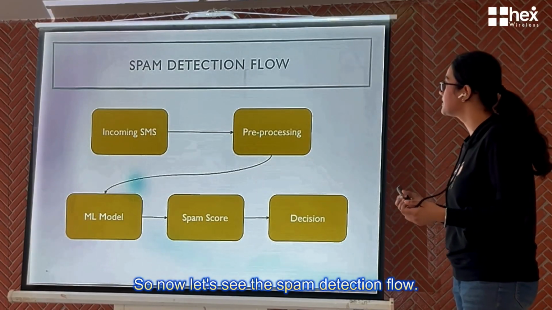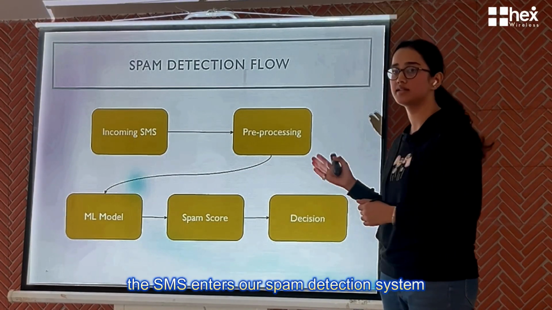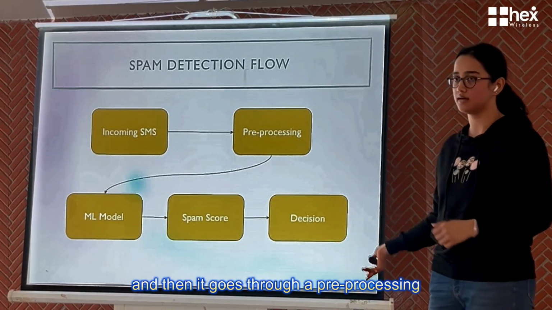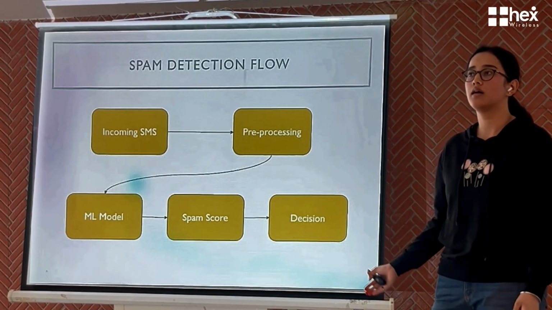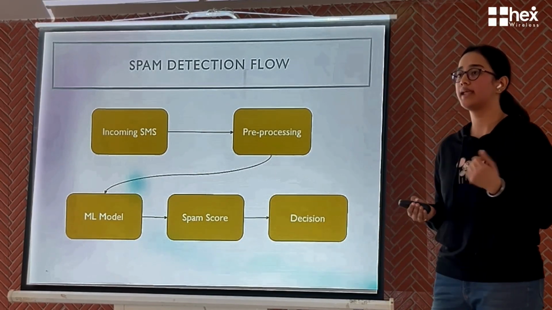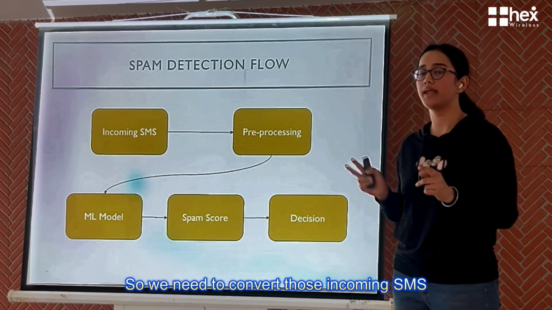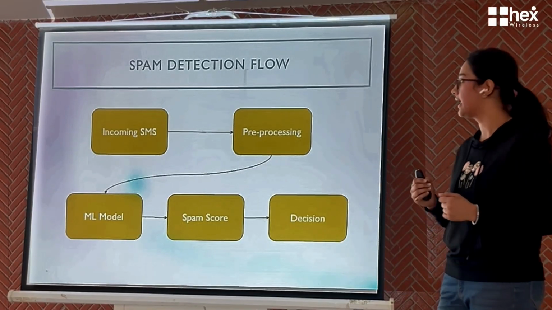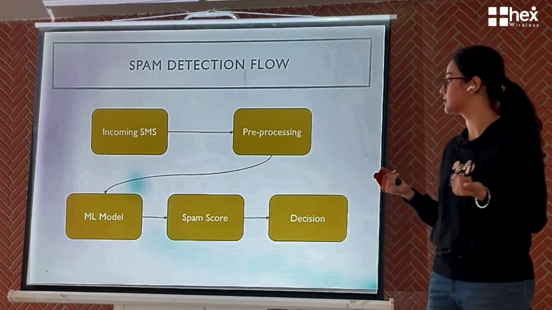So now let's see the spam detection flow. First of all, the SMS enters our spam detection system, and then it goes through a pre-processing step. This is a very important step, as our machine learning models cannot understand human languages like Hindi or English. So we need to convert those incoming SMS into a format that our machine learning model can understand, like converting those English SMS to a vector-based representation.